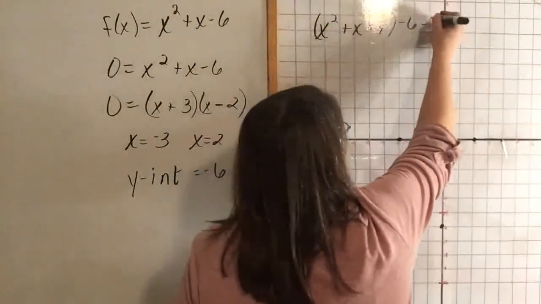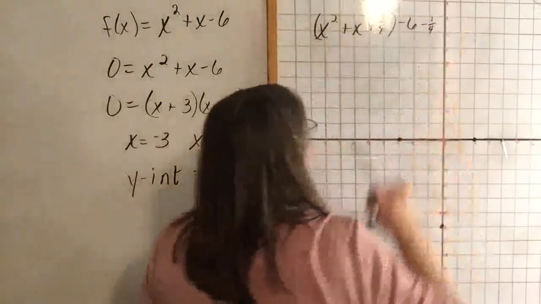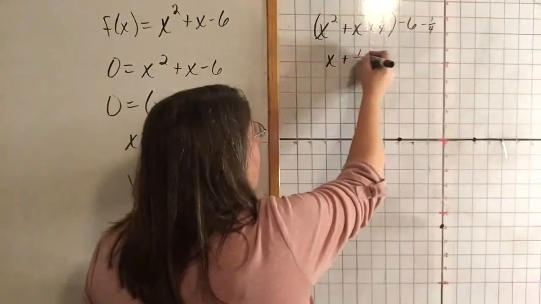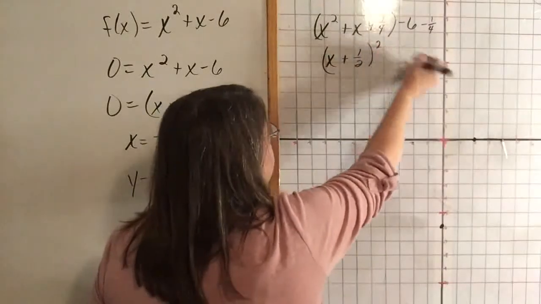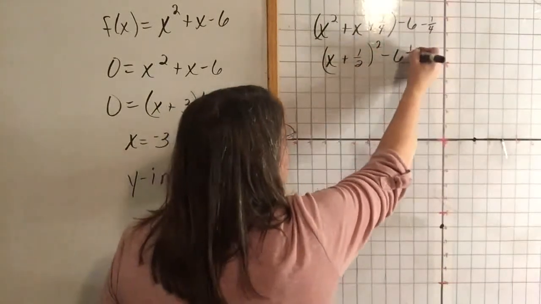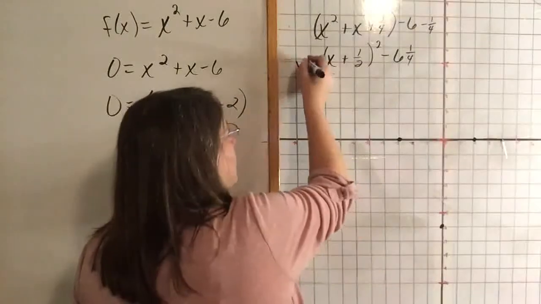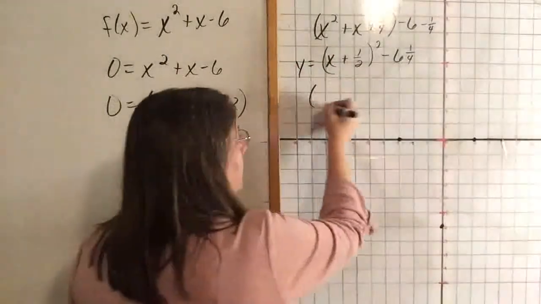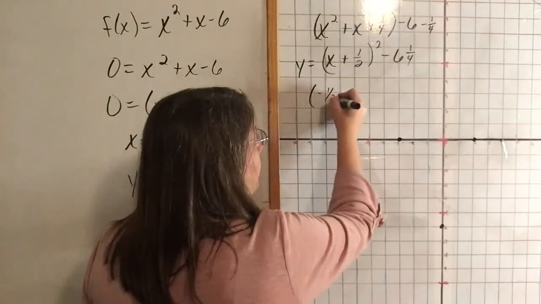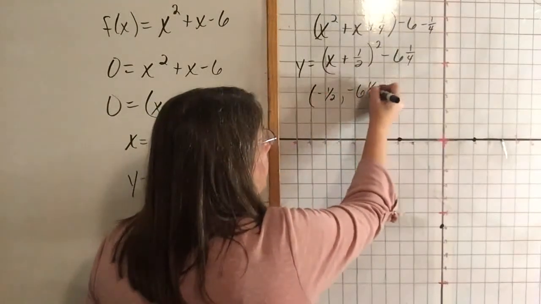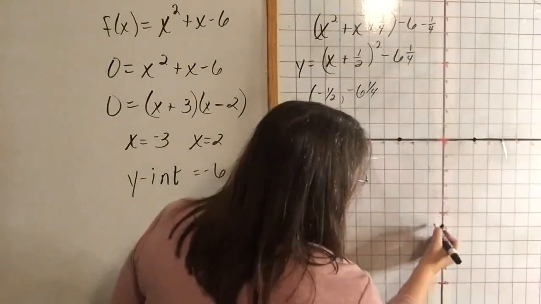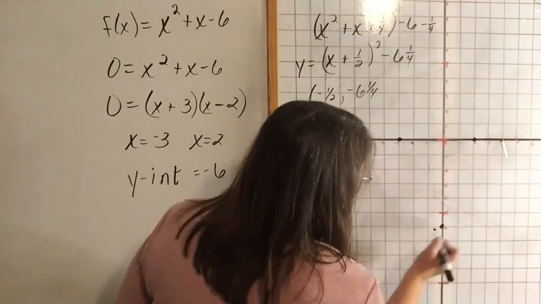I'm going to subtract 1/4 out here. So then I've got x plus 1/2 squared minus 6 and 1/4. So that's what my vertex form is. So my vertex here is negative 1/2, negative 6 and 1/4. So negative 1/2, negative 6 and 1/4 is about right there.